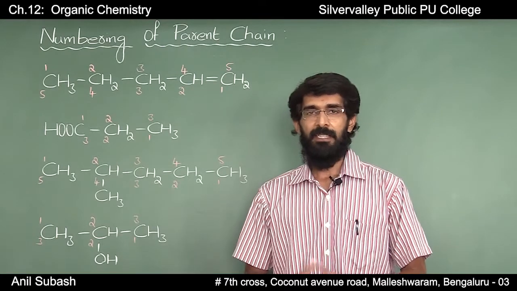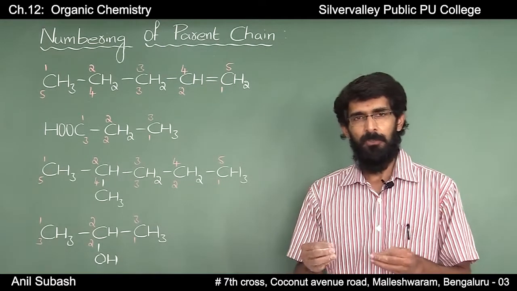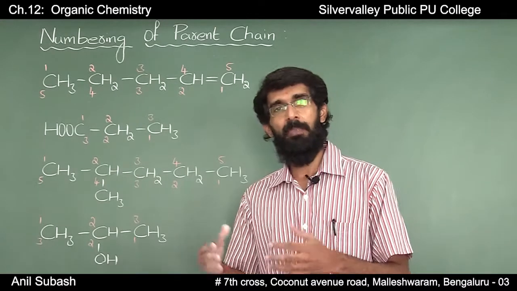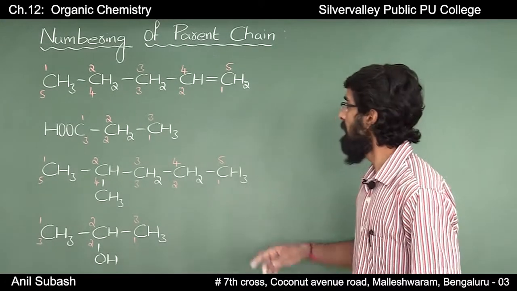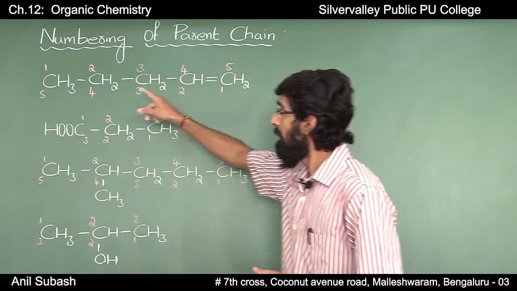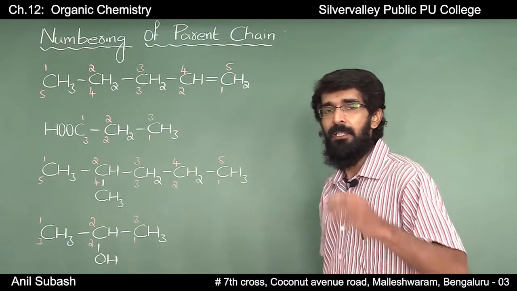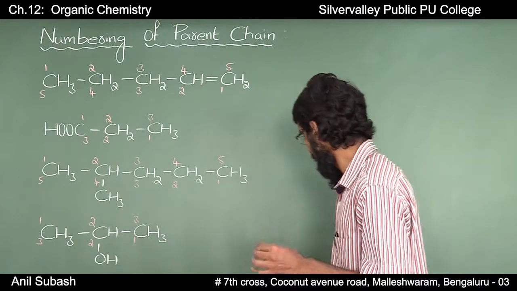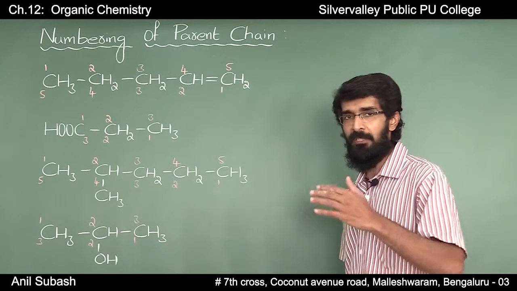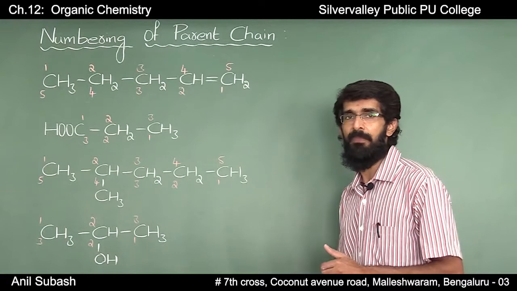We will consider certain examples to know how to number the parent chain. Here, the parent chain contains 5 carbon atoms and we have numbered it from the left hand side as well as from the right hand side.